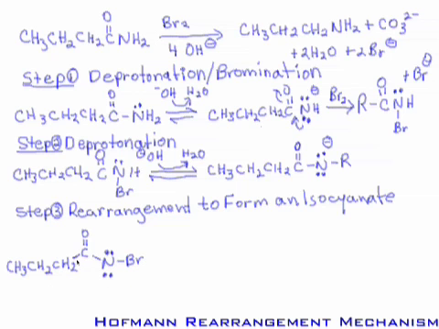Overall, what happens is the propyl does a 1,2 shift towards nitrogen. A lone pair dumps in towards the C double bond O to make a pi bond, and the 2 electrons of the nitrogen-bromine bond move towards bromine, and the bromine goes off as a Br minus.